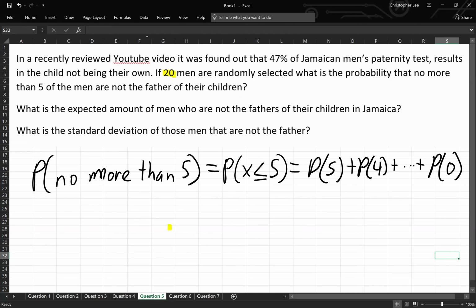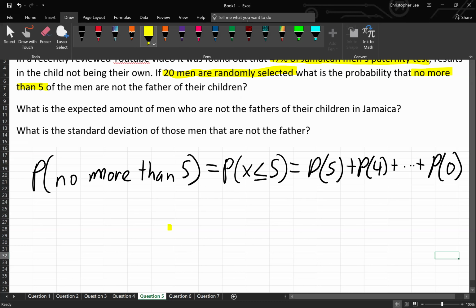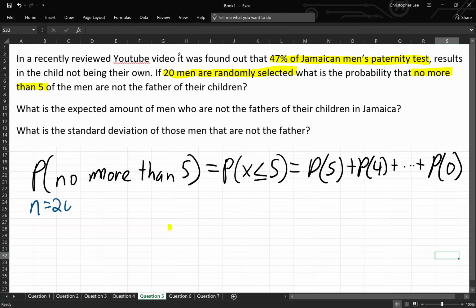So my n is 20, my probability of success is 47%, or if you want to write it as 0.47, no problem.